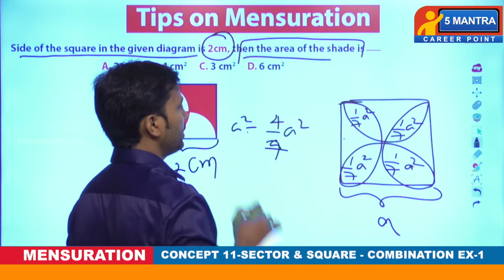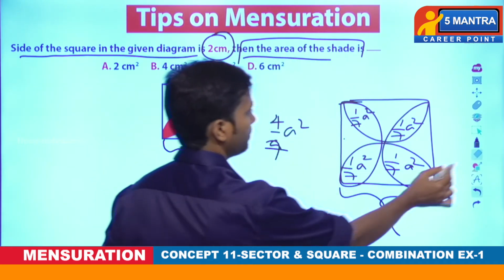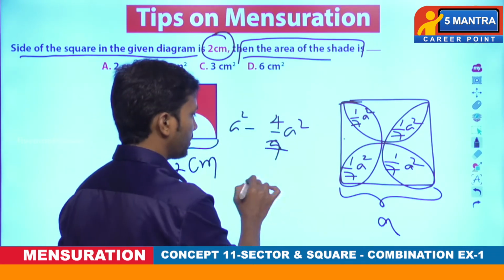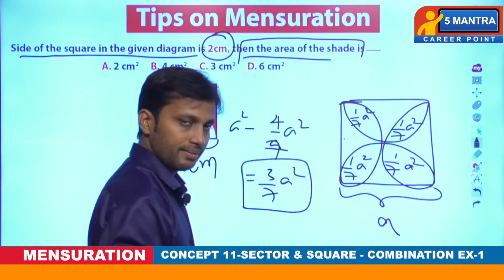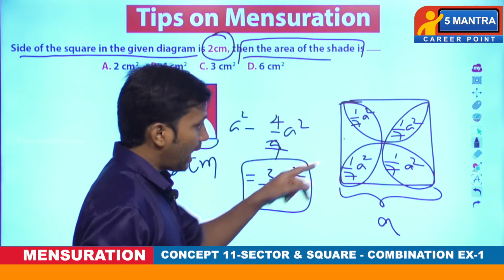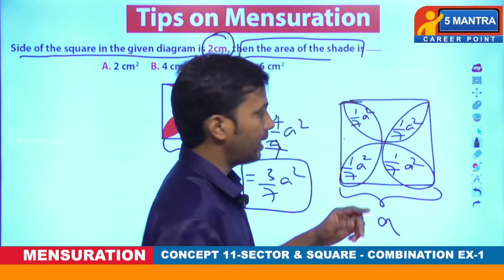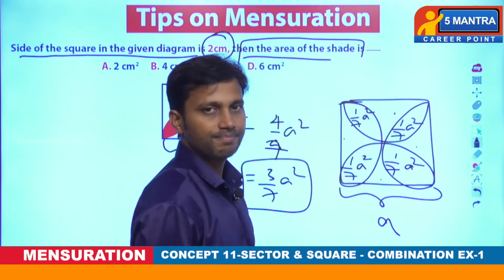So what is it? The area of the flower from the area of the square, if you subtract, a square minus 4 by 7 a square, that would be how much? 3 by 7 a square. That means this is the area other than the flower inside the square. That means this gap, this gap, this gap and this gap.